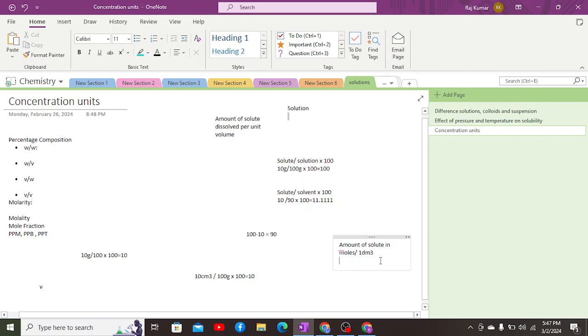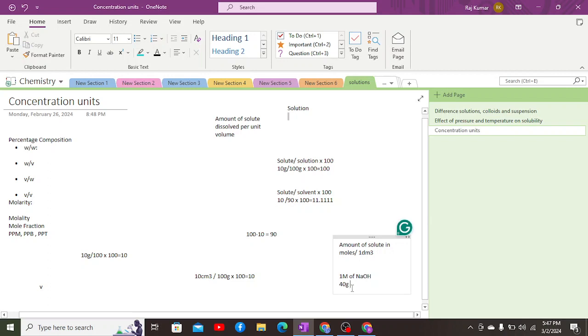Let's suppose if we talk about a solution where I want to produce a molarity of 1 molar solution, it is represented by capital M. 1 molar solution of sodium hydroxide. So in this case, if I want to produce 1 molar solution of sodium hydroxide, I need to take 1 mole of sodium hydroxide. 1 mole of sodium hydroxide is equals to 40 gram, right?